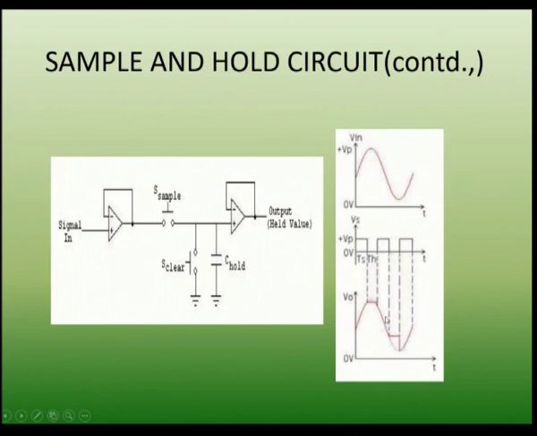For the next positive pulse the capacitor discharges or charges towards the input voltage. Here the input voltage is negative, so the capacitor voltage samples the input voltage, and for the next negative pulse it holds the last sampled value. This is the way it samples and holds the input voltages.